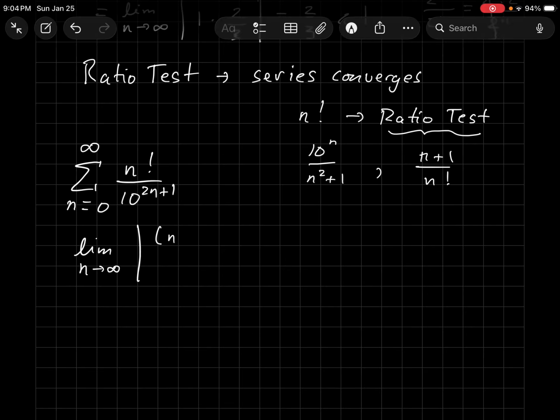of the n plus 1 term, so n plus 1 factorial, over 10 to the 2n plus 3. Let me show you where that comes from. I get 2 times quantity n plus 1, which of course gives me 2n plus 3. And then divided by the nth term, but instead we will flip and multiply to get what we want.